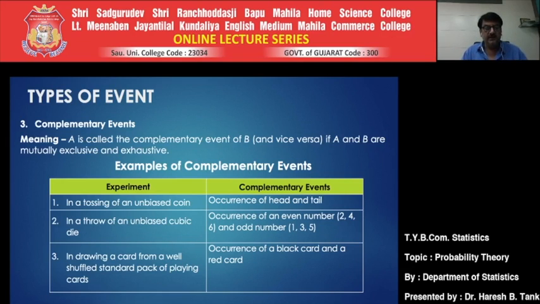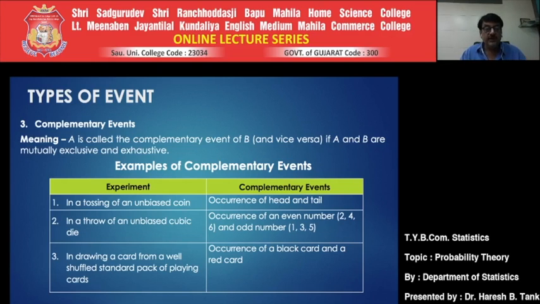Exhaustive event. Recently we have defined the word exhaustive. Exhaustive means total number of possible outcomes, which gives you the totality. Totality means all possible outcomes are there. Right? Okay. Coming to this part now, how these complementary events are. First one.